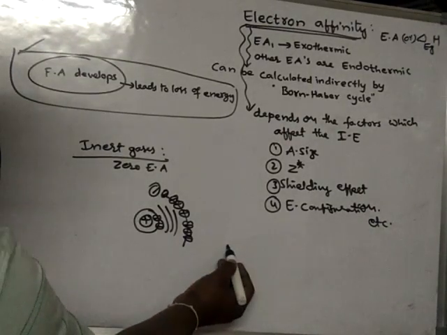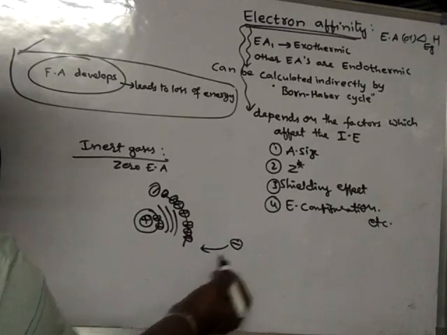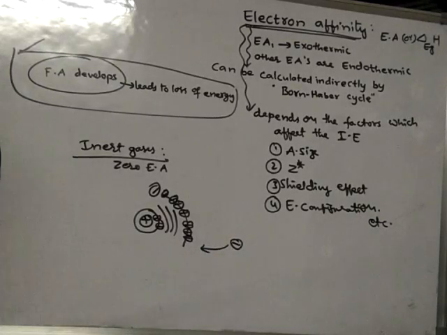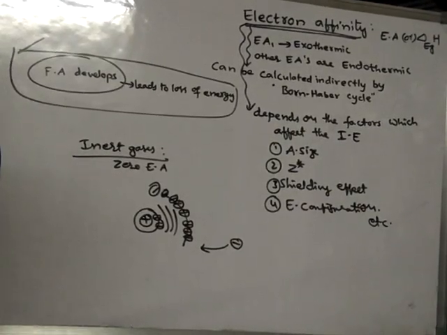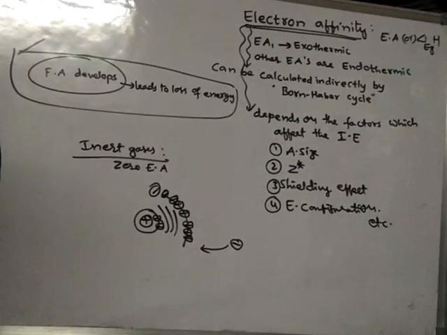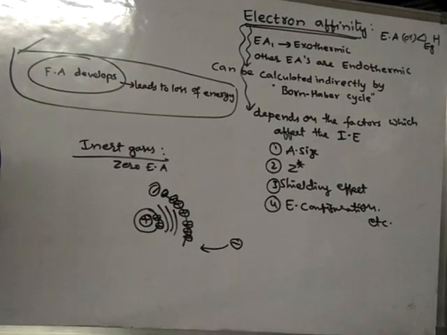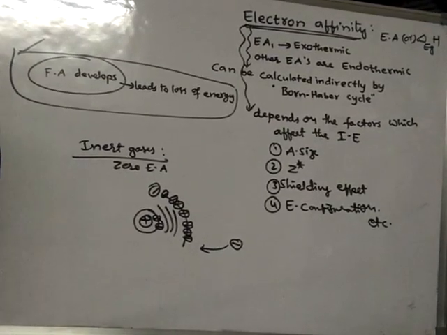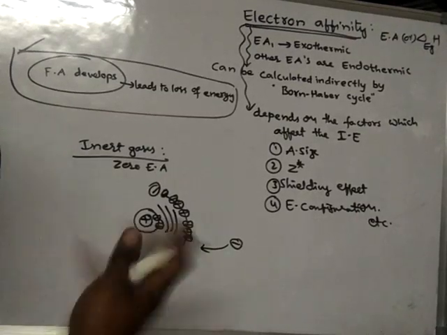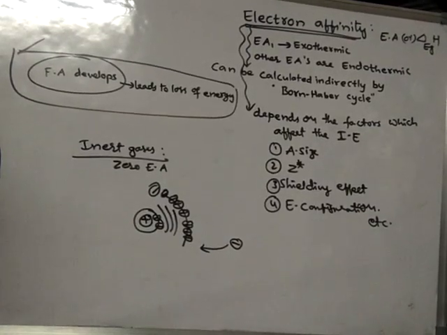Suppose you try to add one more electron into this atom, then the stability of the atom will be lost. No atom in nature likes to lose its stability. So no inert gas will like to lose its stability by gaining an electron. That means no inert gas will take an extra electron.